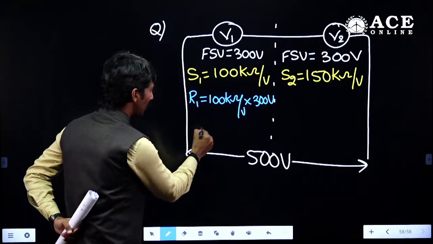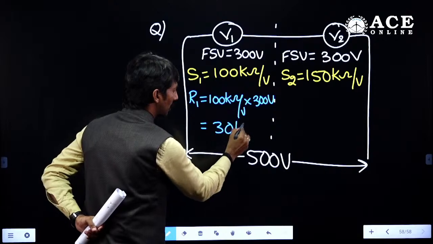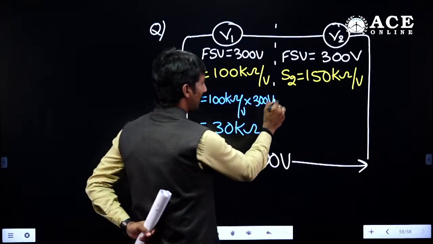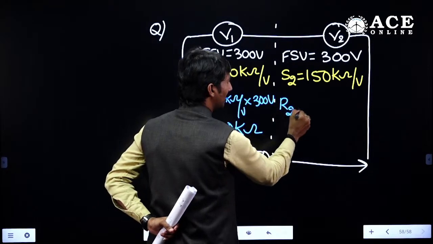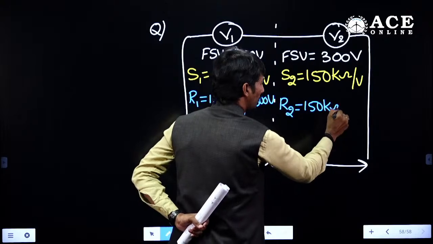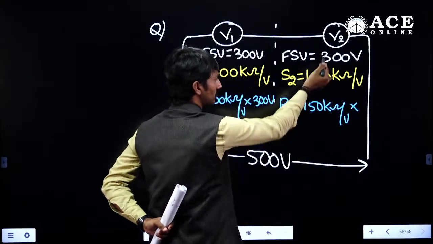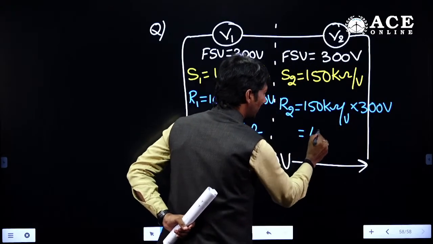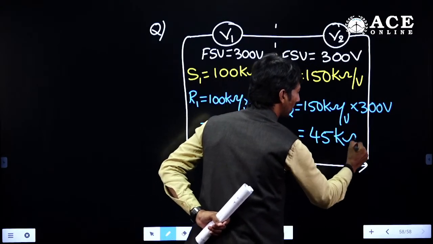So therefore, 30 kilo ohm is the resistance of the first meter. And in the same way, R2 is 150 kilo ohm per volt into full scale value 300 volt. So you will be getting 45 kilo ohm.